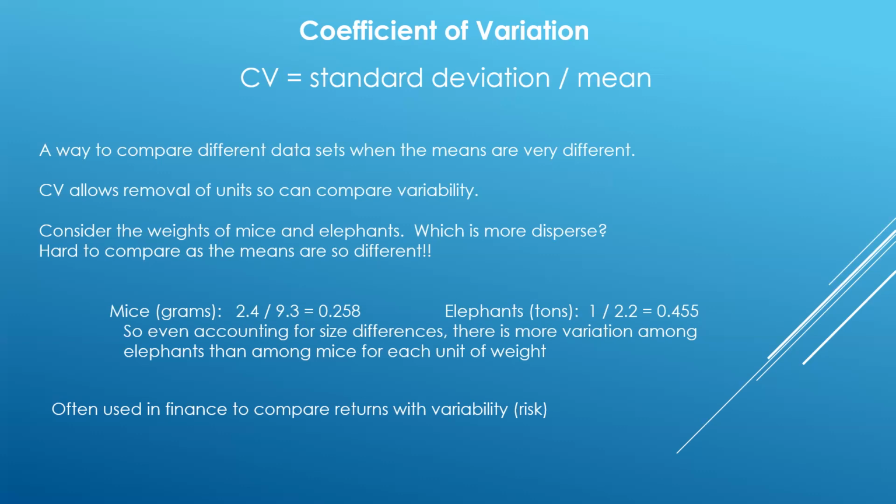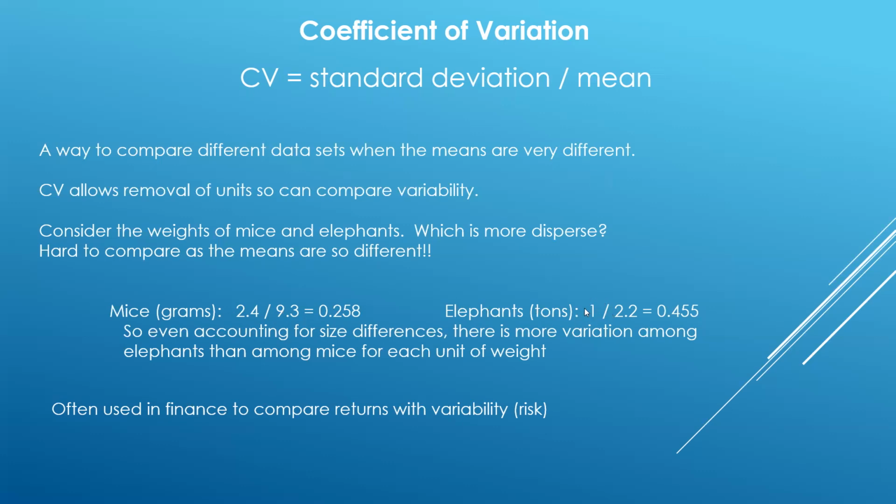All you have to do is take the standard deviation and divide it by the average of your set of data. That gives you something normalized: the standard deviation divided by the mean, so you're dividing out that scale.